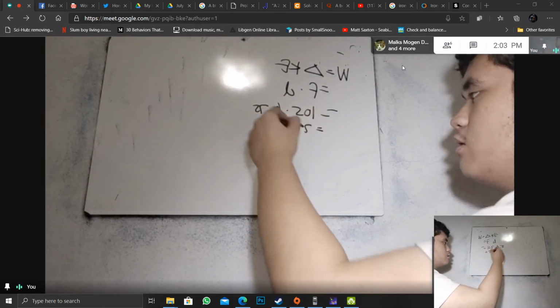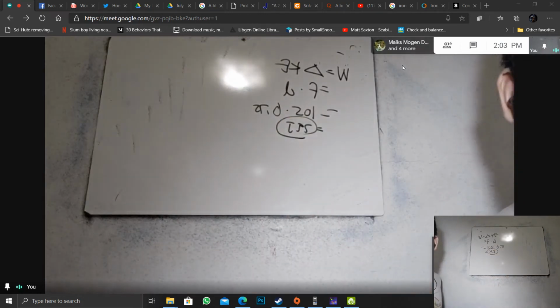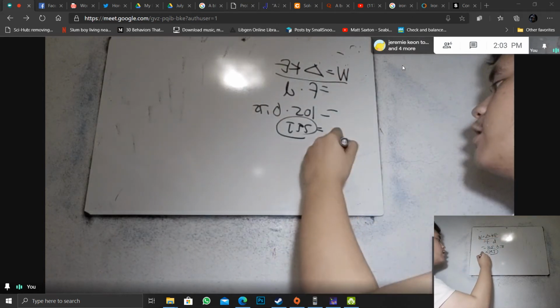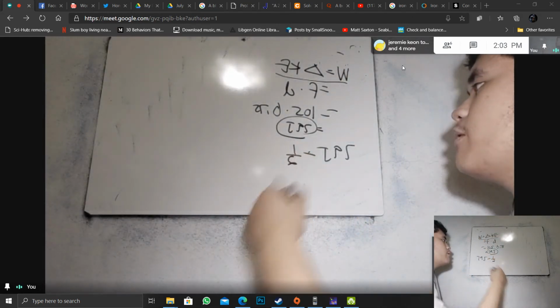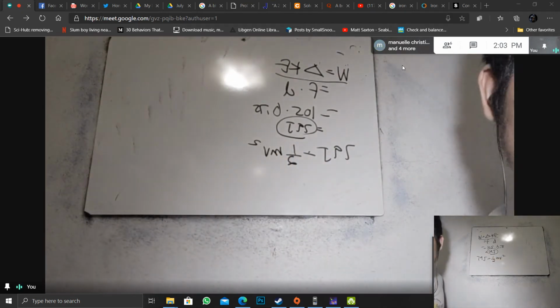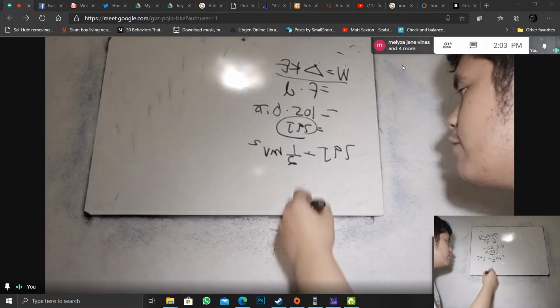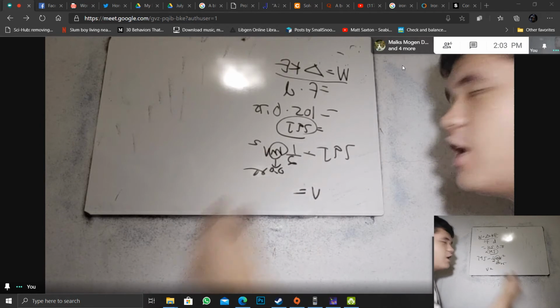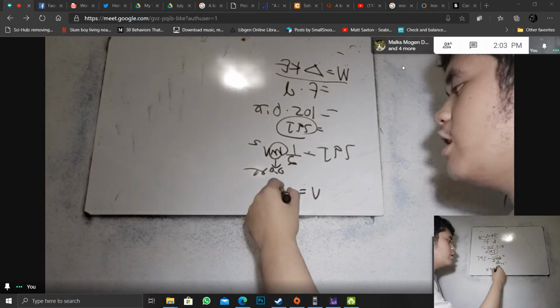Next, letter B. What is the speed of the arrow as it leaves the bow? Conservation of energy. Work equals delta KE, 79 joules, equals 1/2 mv squared. Para naman siyang initial velocity. So, pwede na. Solving for V, this is 0.085. V equals 43.0 meters per second.